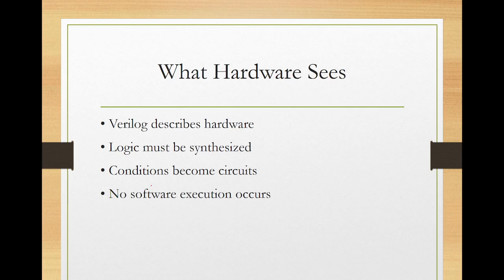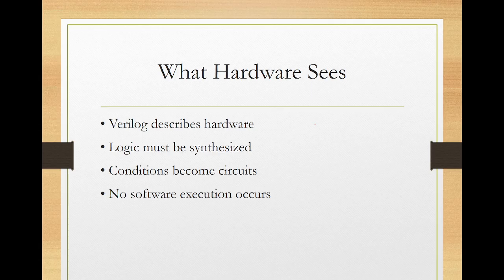When beginners see if sel, they imagine software execution. Step 1, check condition. Step 2, execute statement. Step 3, move forward. But synthesis tools don't see software. They see hardware.